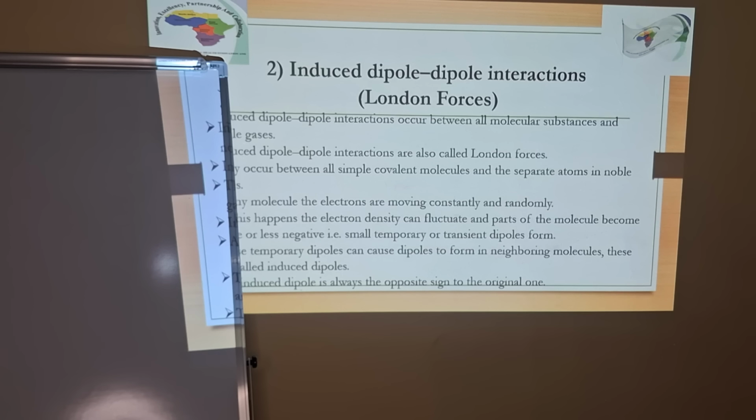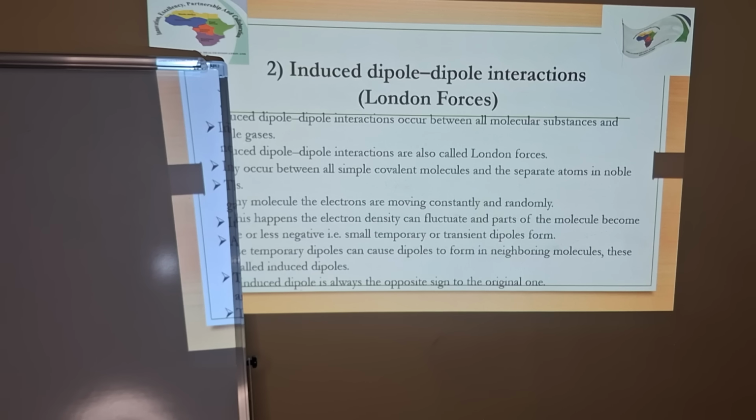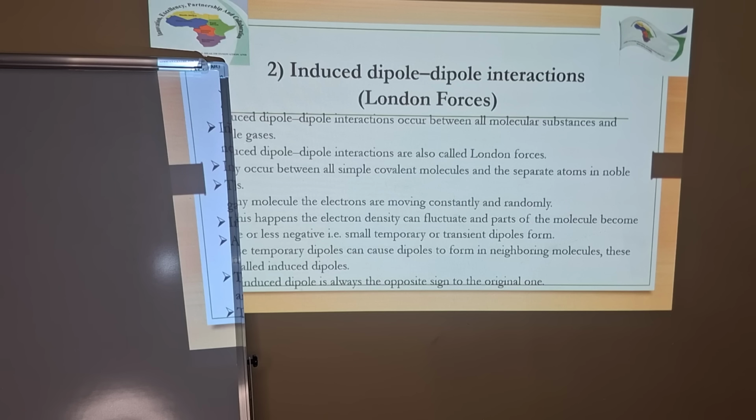We now look at induced dipole-dipole interactions, which can also be called London forces. These occur between all molecular substances and noble gases. In any molecule, the electrons are moving constantly and randomly.